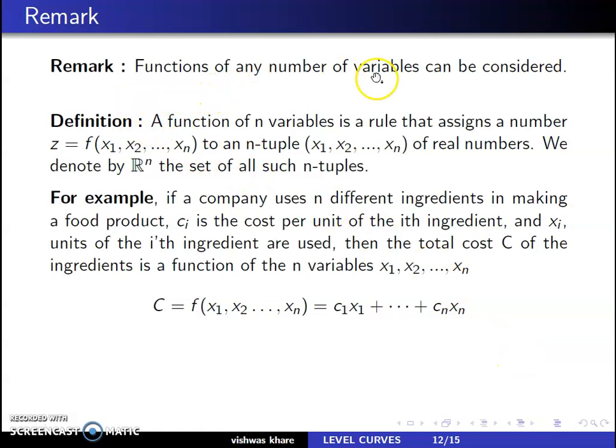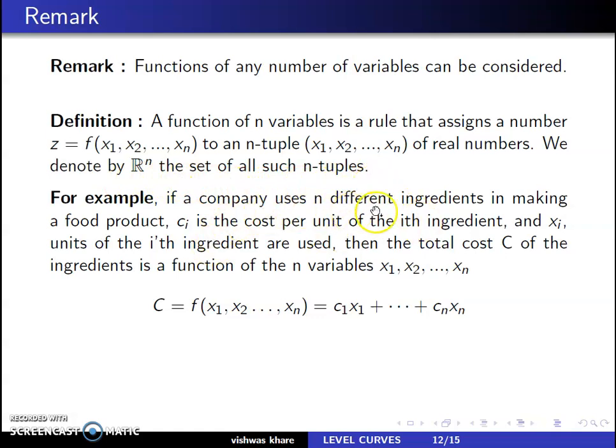Remark, a function of any number of variables can be considered. Definition, a function of n variables is a rule that assigns a number z, which is equal to f(x1, x2, ..., xn), to an n-tuple (x1, x2, ..., xn) of real numbers. We denote by Rn the set of all such n-tuples.